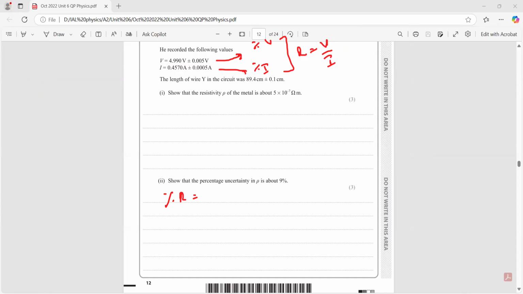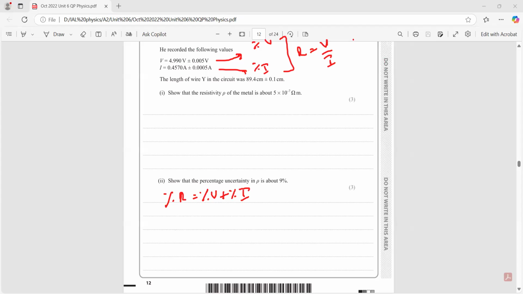Uncertainties never subtract. Percentage uncertainty never subtracts. It's always added. Even if it's multiplied, divided, added, or subtracted, uncertainty always adds. So first I'll find the percentage uncertainty in R by adding the percentage uncertainty of V and the percentage uncertainty of I.